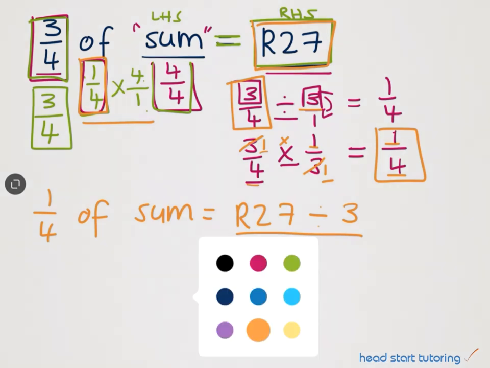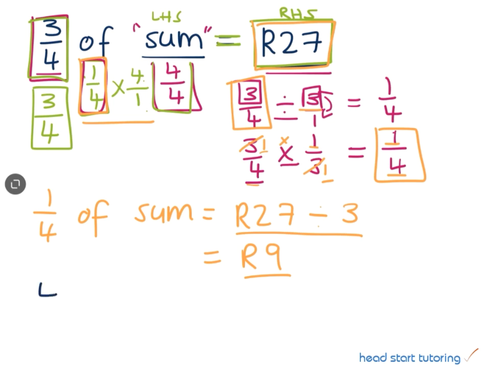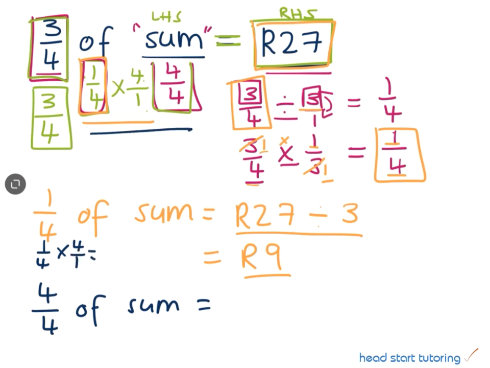Now, in our final step, we need to work out 4/4 of our sum, or the whole sum of money. And what do we do to 1/4? To get 4/4, we need to multiply it by 4 over 1, like we mentioned up there, and 1 over 4 times 4 over 1 is 4 over 4, or 1 whole.